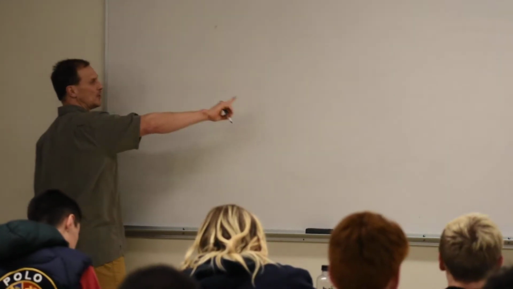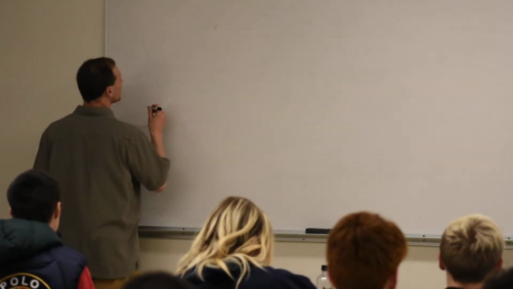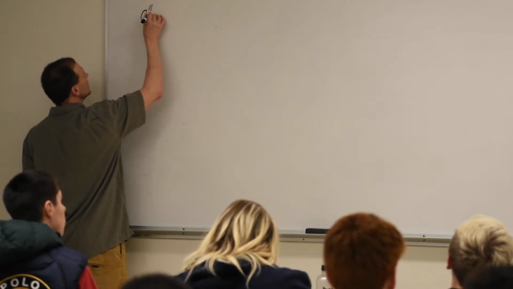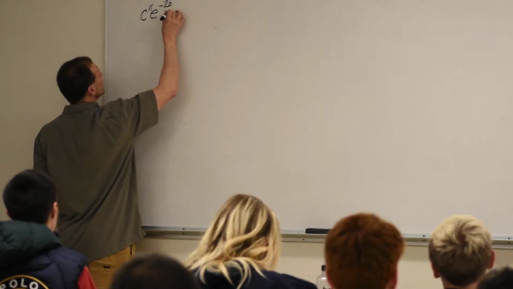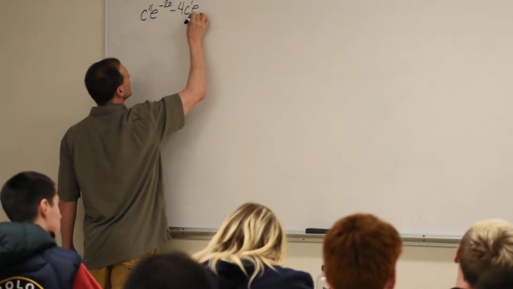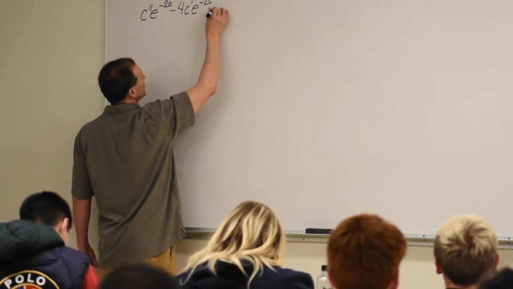Okay, so help me out. We're going to substitute the solution back in. So my first one to substitute is C-O-Y. Okay, could someone read this off for me? C double prime e to the minus 2t, is it minus 4 C prime e to the minus 2t, is it minus 4 here?